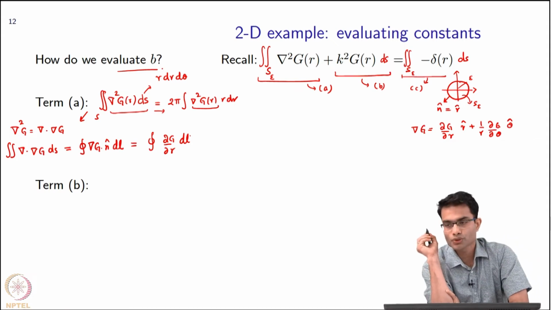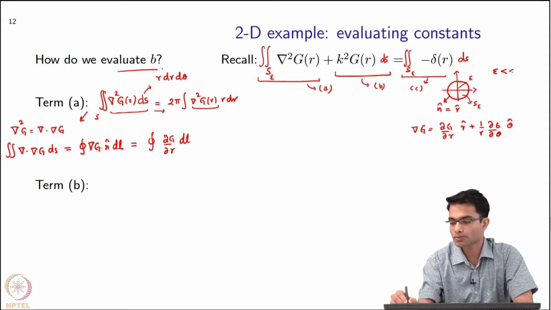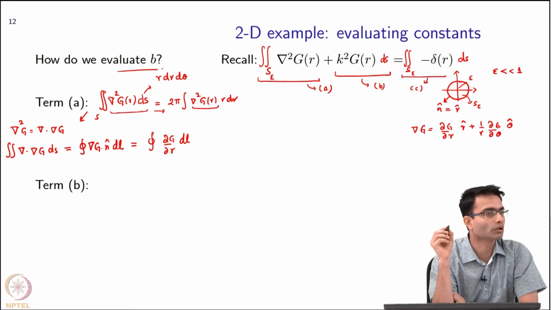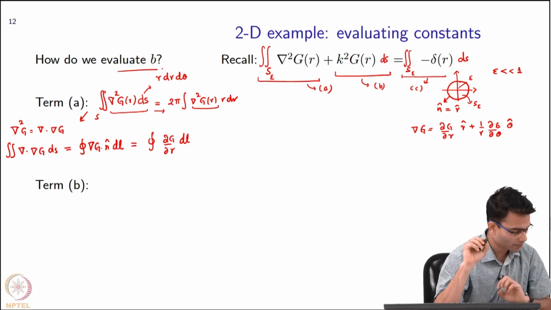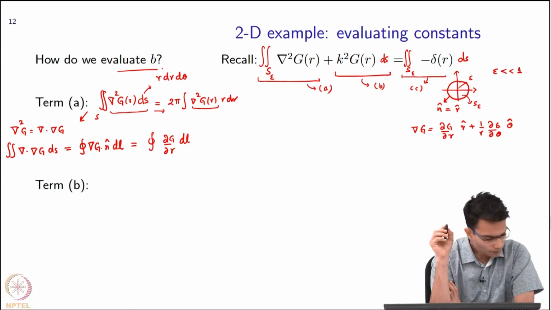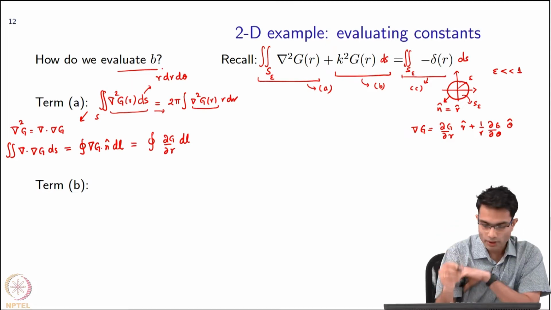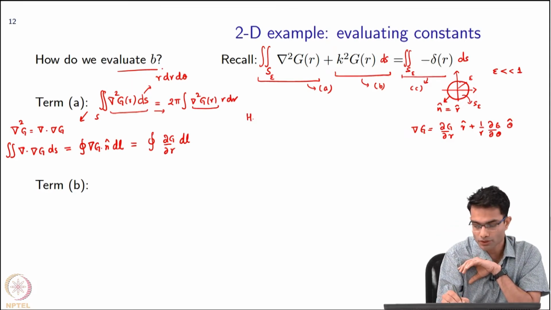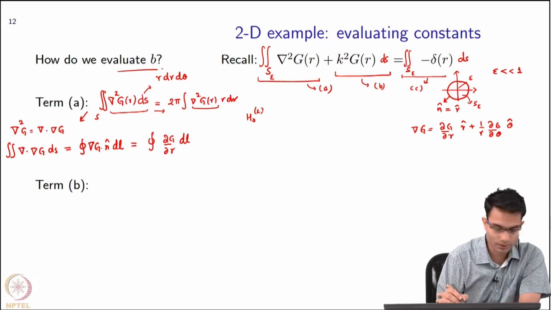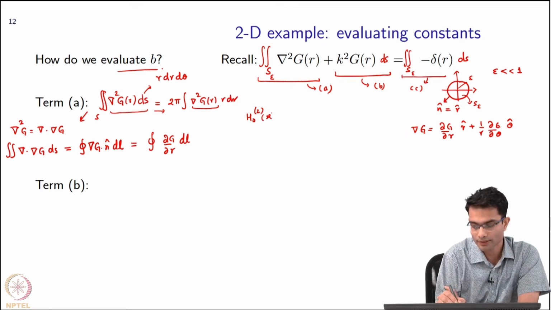Now, I am going to choose epsilon to be much less than 1, very small, just enough to include the singularity. So, I am going to keep epsilon very small. Here is another approximation that I will use. H naught 2, that is the function that I have.